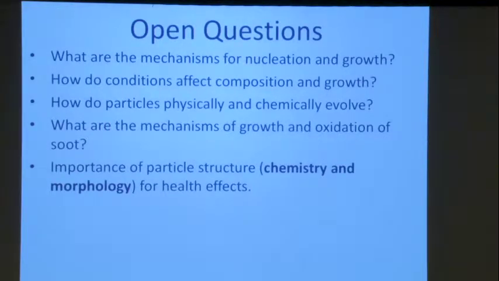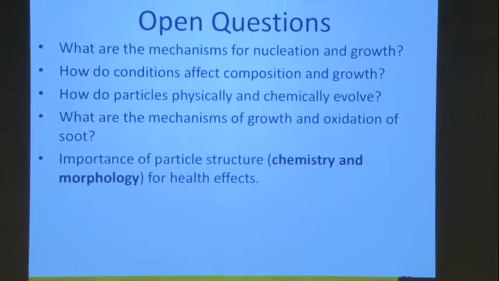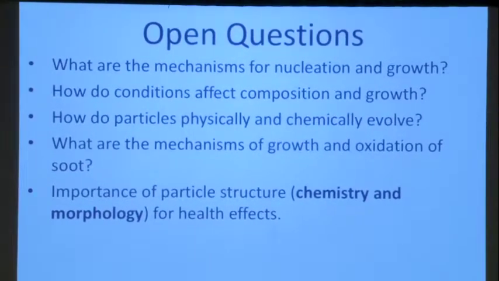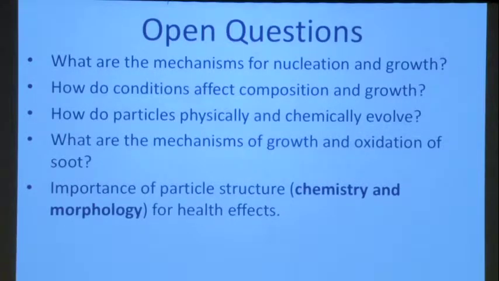As an open question, I just listed some, just to kind of give you some ideas. Still, we don't know much about what the nucleation is and what the growth is. So here I show you some hypotheses. There is a physical pathway. There is also a chemical pathway. Depending on the flame condition, one will be more important than the other.